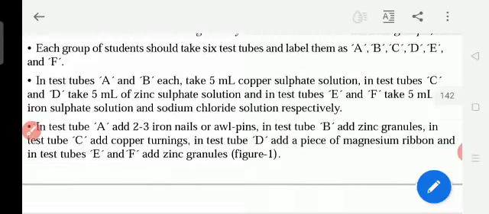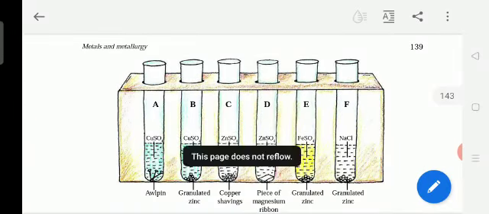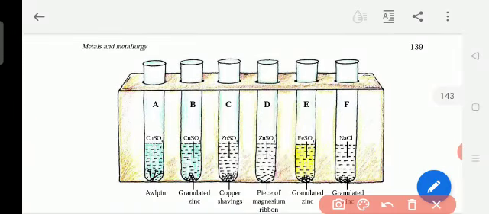Here one experiment is done. Test tubes are taken, A, B, C, D, E, F. All together how many test tubes are here? 7 test tubes. This activity is to learn about the reactivity of the elements.